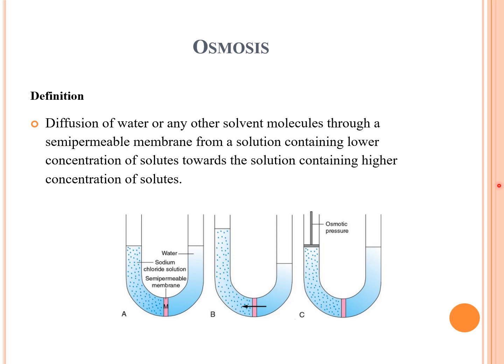So in our body, the osmotic pressure is normally exerted by plasma proteins present in the plasma of the blood, and the colloidal osmotic pressure is mainly exerted by a plasma protein called albumin. The normal colloidal osmotic pressure is 25 millimeters of mercury. Just remember, this was an MCQ asked in a previous year university exam. What is the normal colloidal osmotic pressure or oncotic pressure? It is normally 25 millimeters of mercury. That is the normal osmotic pressure.